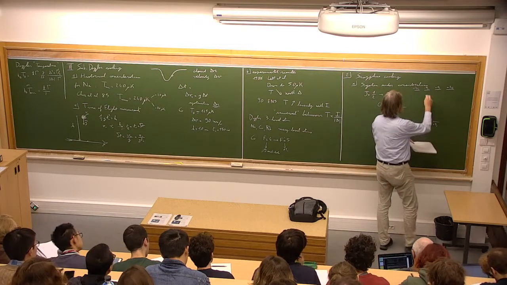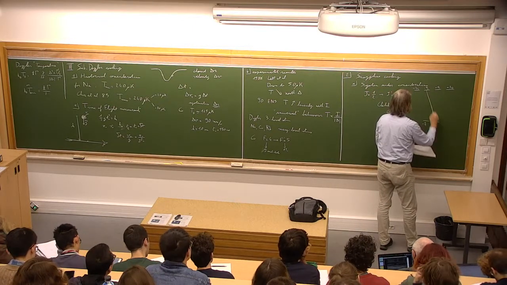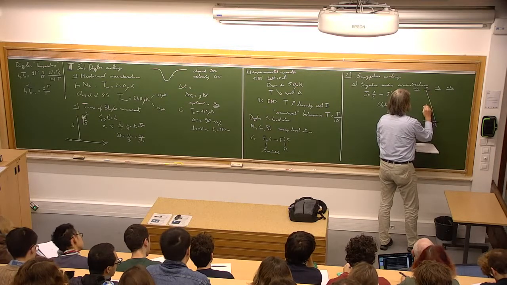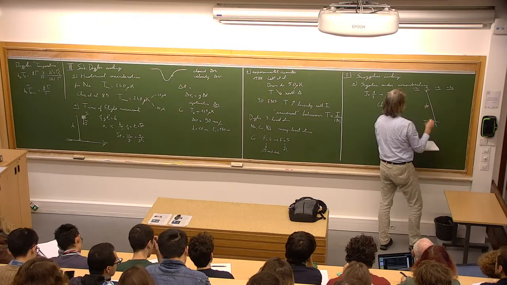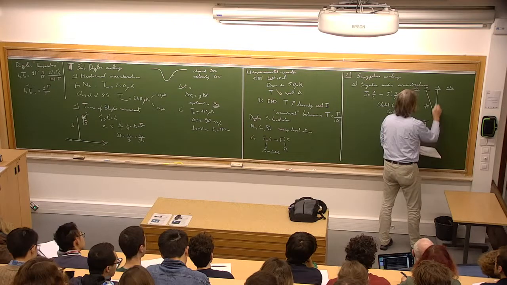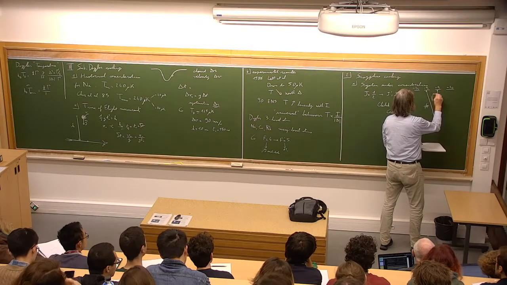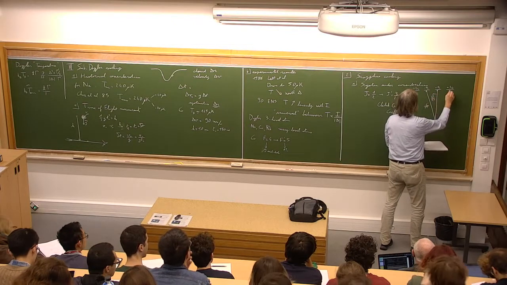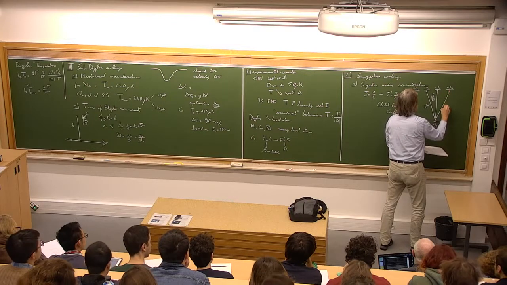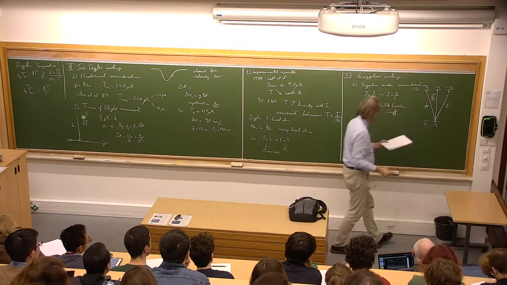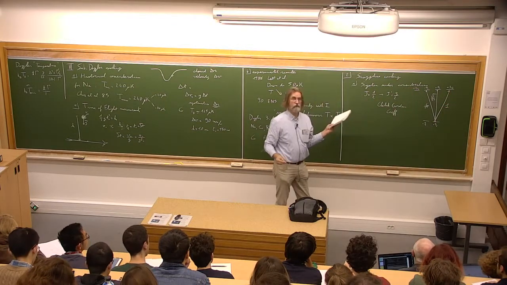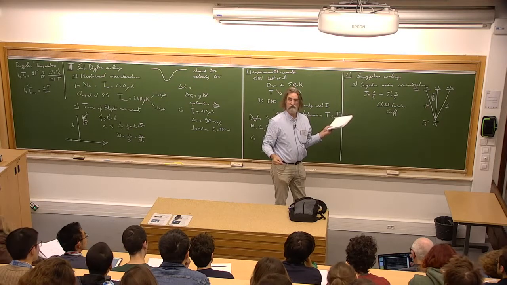In this case, these Clebsch-Gordan coefficients are just 1 divided by square root of 3, here you have square root of 2/3, and here obviously you have just 1. You know the Clebsch-Gordan coefficients? Yes? Yes.